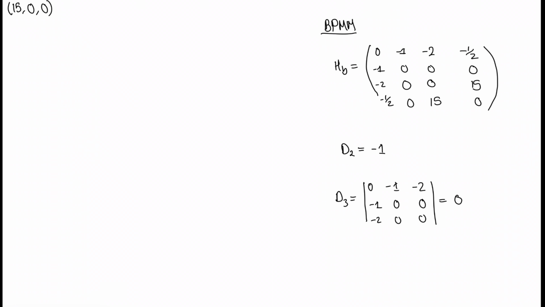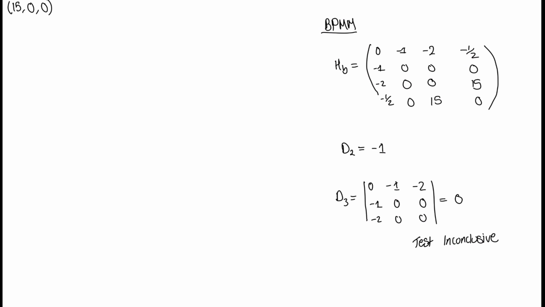So using the bordered principal minor method, this test is inconclusive. So we are unable to use this method for these points and also the other points that we have. So we have to use the projection method, which is why the projection method is recommended, as it's more reliable.